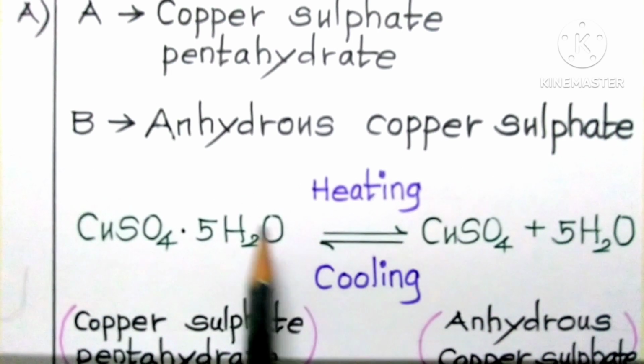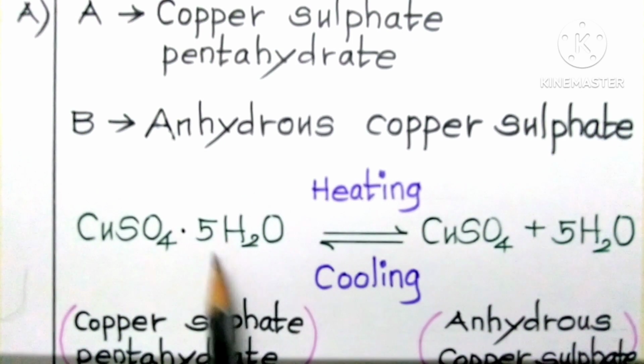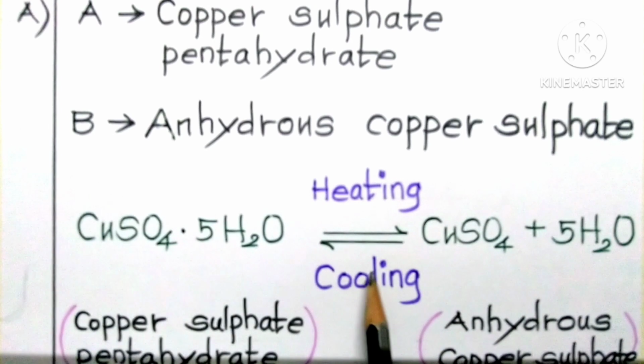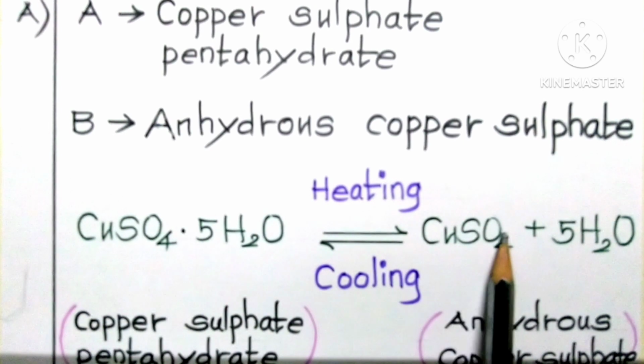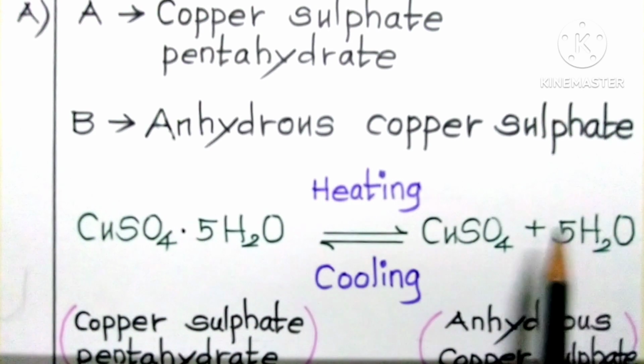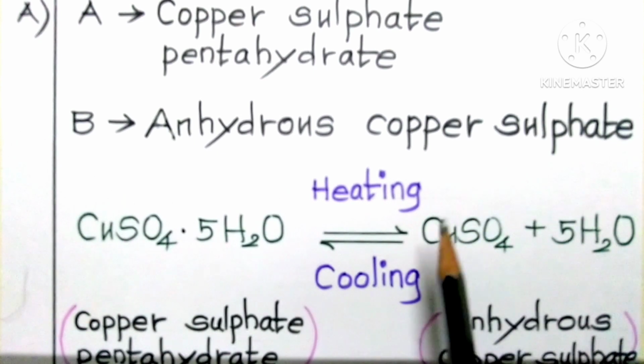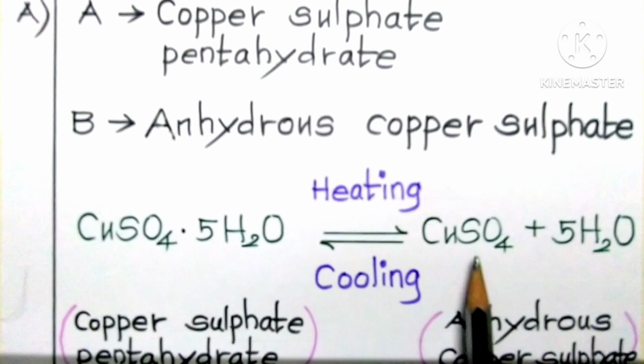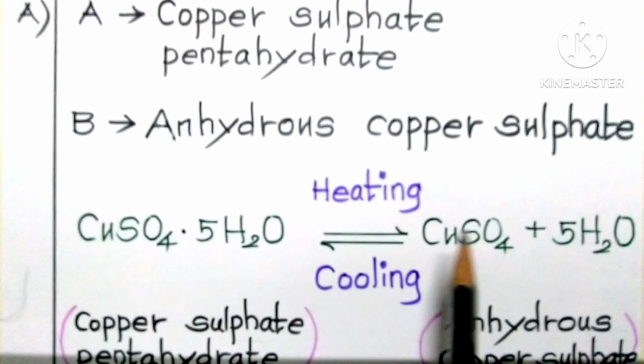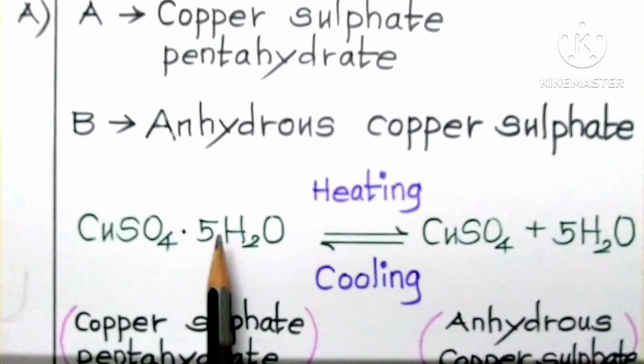While heating, this water gets separated, so we can write it as CuSO4 plus 5H2O. This CuSO4 is anhydrous copper sulfate, which means copper sulfate without the water of crystallization.